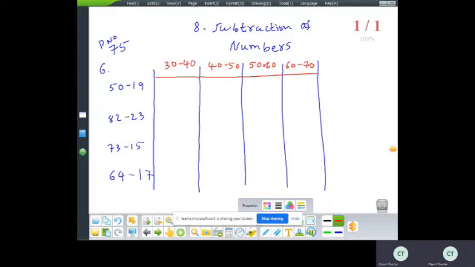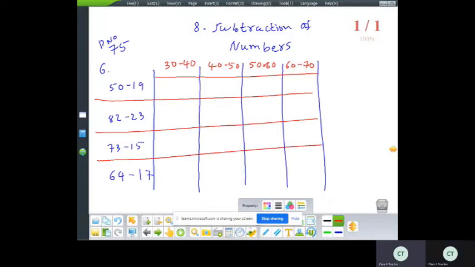The answer lies in which two numbers? A range means starting number and ending number. Range means small number to big number. We count from small number to big number here.